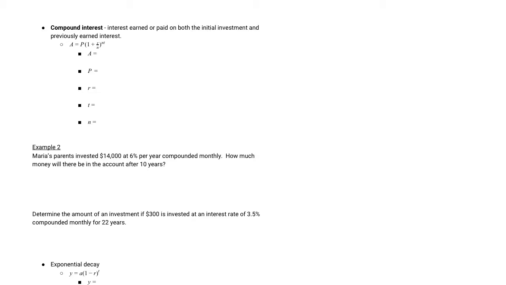Here's what these values mean. Capital A here means amortized value. That's the same thing as final value. Here we're just talking about money, and that means it's an amortized value. P is principal.